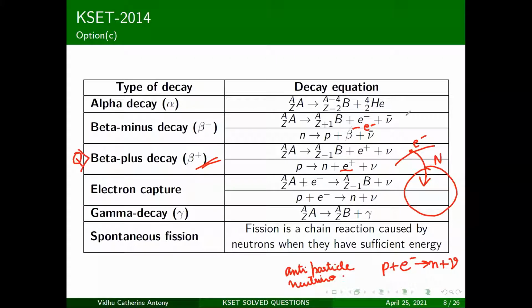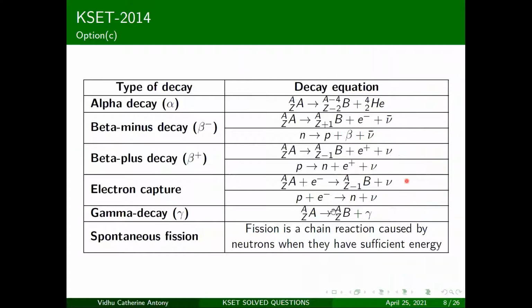In the other case, your electron was just a particle, so you have an antineutrino associated with it. Basically, you can have only one anti in the equation. That's possibly a very good way to remember that.